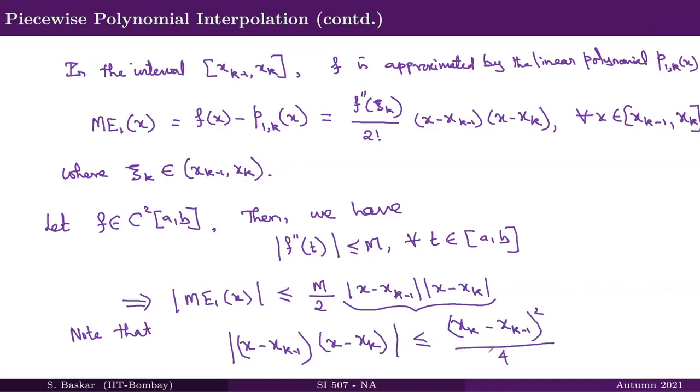This idea is already discussed in one of the examples in the previous class, therefore I will not repeat it. We will put this upper bound here, and thereby we will be freezing the variable x in this term, and that gives us precisely the estimate for our mathematical error for any x that we plug into the mathematical error, right?